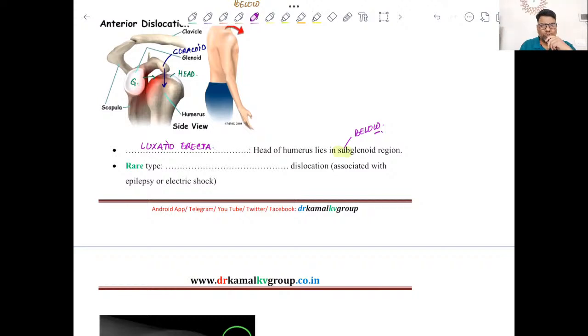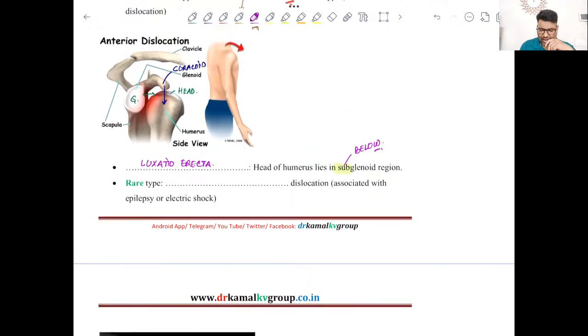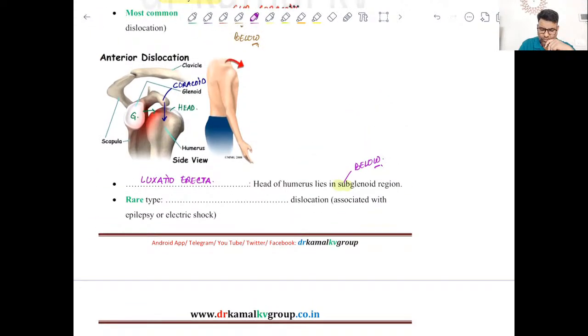And erecta, I think most of you must understand, means almost straight. So the upper limb is abducted, and you can say the arm region is just almost touching the ear. So that is luxatio erecta, and in that case, the head of the humerus is somewhere here, like this. So that is luxatio erecta.